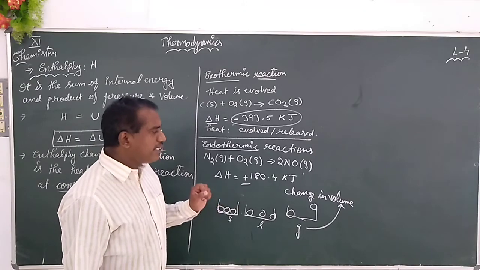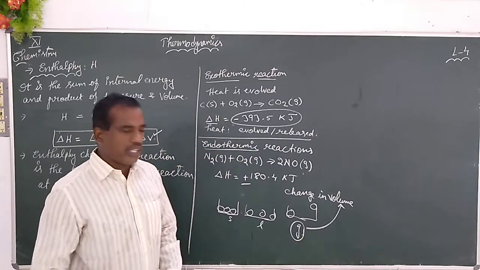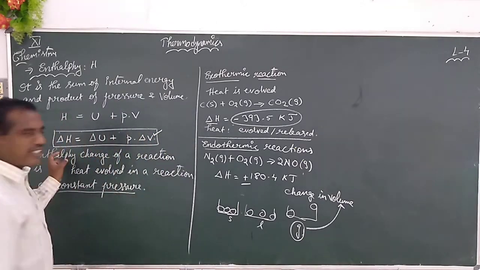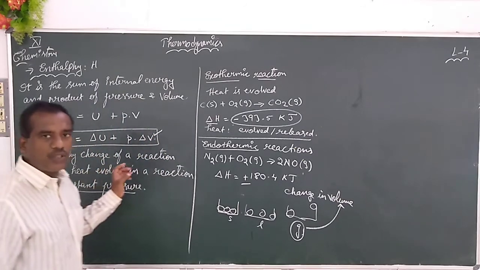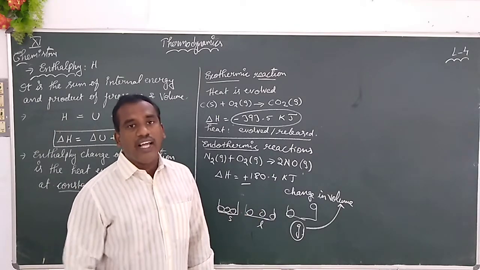With this change in volume, we are bringing one new derivation out of the present derivation, delta H is equal to delta U plus P delta V. We are getting it in another form which is very useful for calculations.